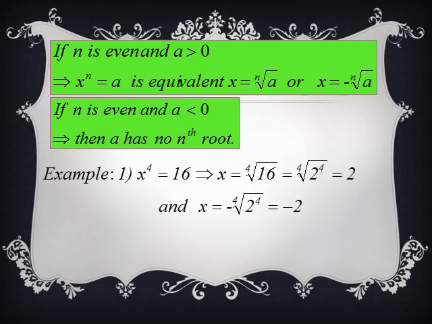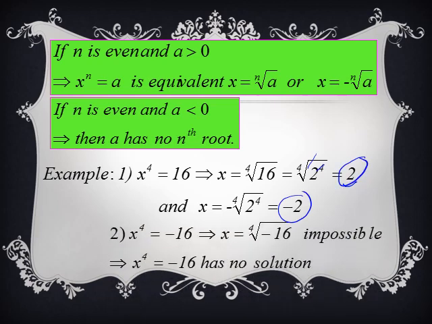So x equals radical 16 with index 4, which is 2, and x equals minus radical 16 with index 4, which is minus 2. We have two solutions, minus 2 and 2.